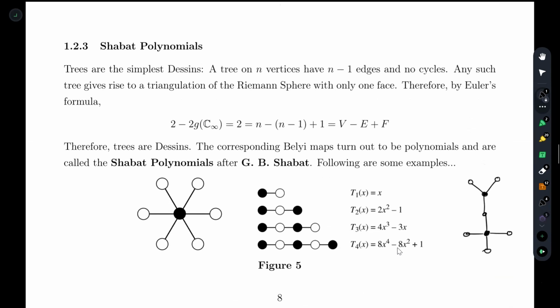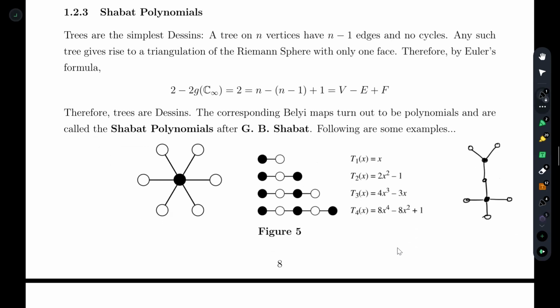And by that correspondence, it can be proved that the Belyi functions that correspond to such trees are actually polynomials, and they have two critical values, and that's why they are Belyi functions. Such polynomials are called Shabat polynomials. So this is one example. This is the design corresponding to this function.